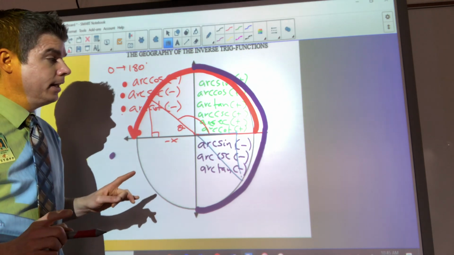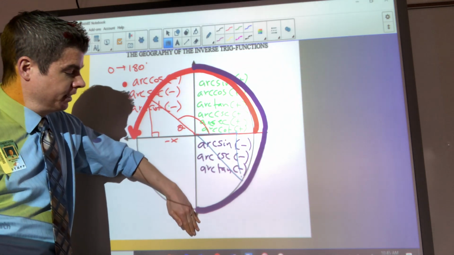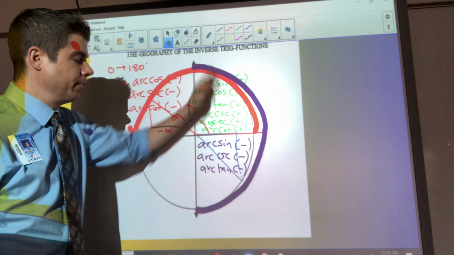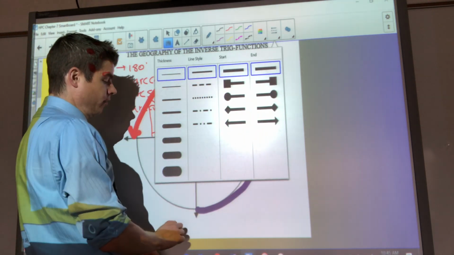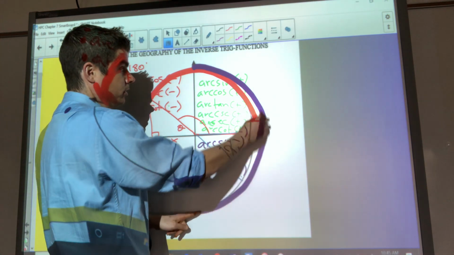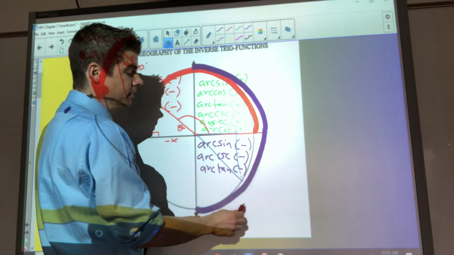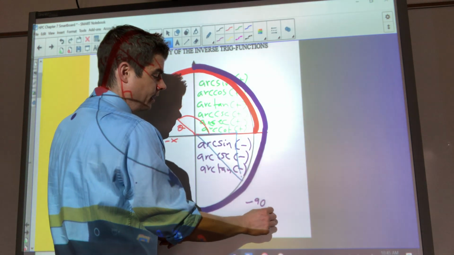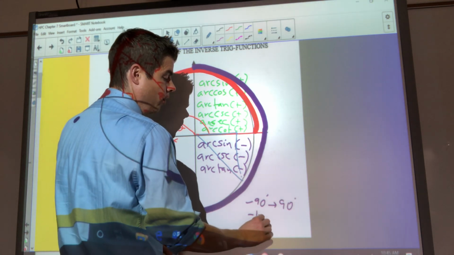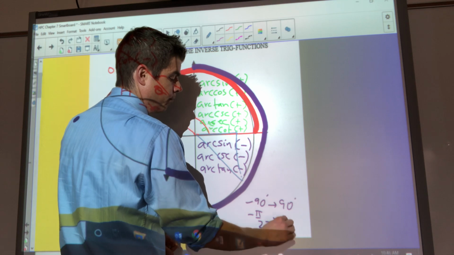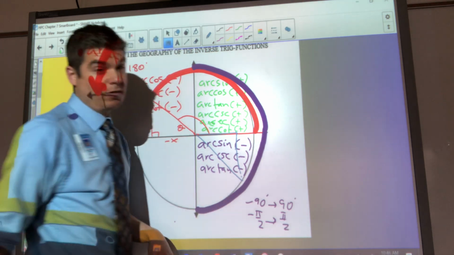So instead, we're going to start down here and connect this way. And so the value down here is negative 90 degrees, or negative pi over 2, through 0 up to 90. So these answers will be from negative 90 degrees to positive 90 degrees. Or if you're in radian mode, negative pi over 2 to positive pi over 2.